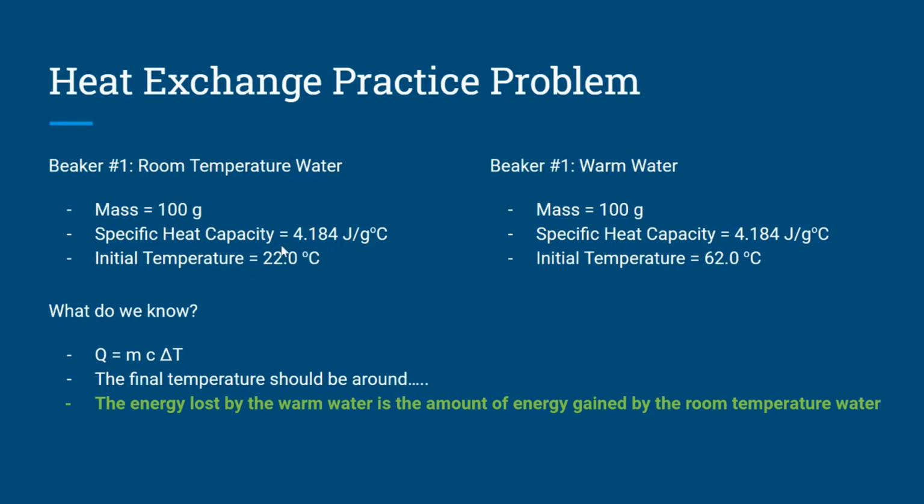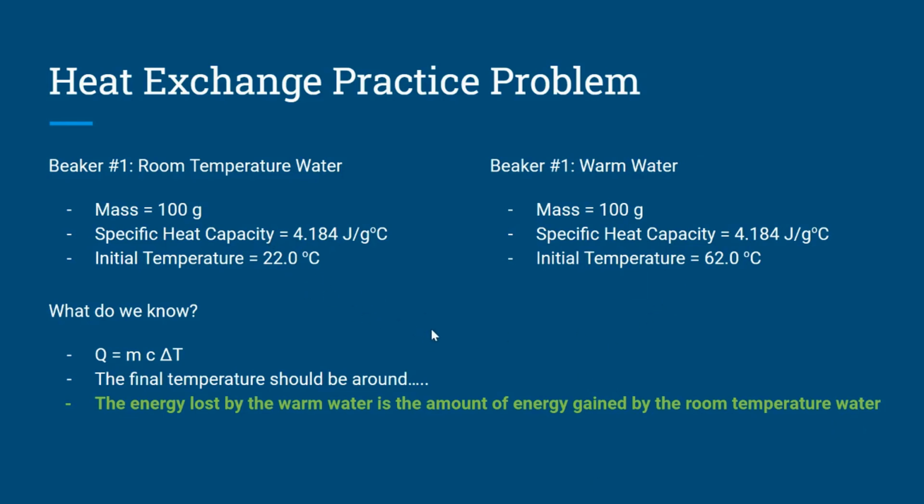If we have cool water and warm water mixing, we're going to assume that the one that's cool is going to heat up. So beaker number 1 is going to be our Q of endo. And beaker number 2 starts at 62. It's going to get cooler because it's mixing with the cooler water. This one is going to be our Q of exo. So the energy lost by the warm water is the amount of energy gained by the room temperature water. So Q must equal Q.